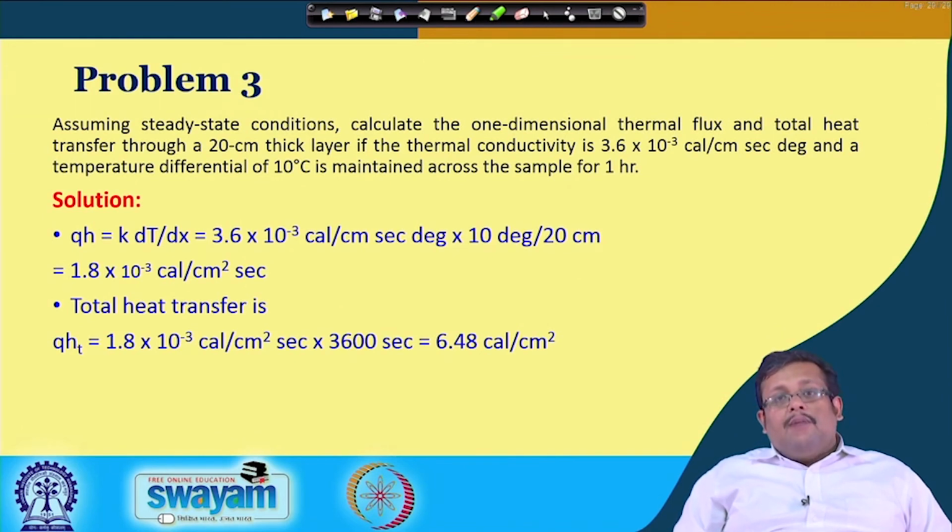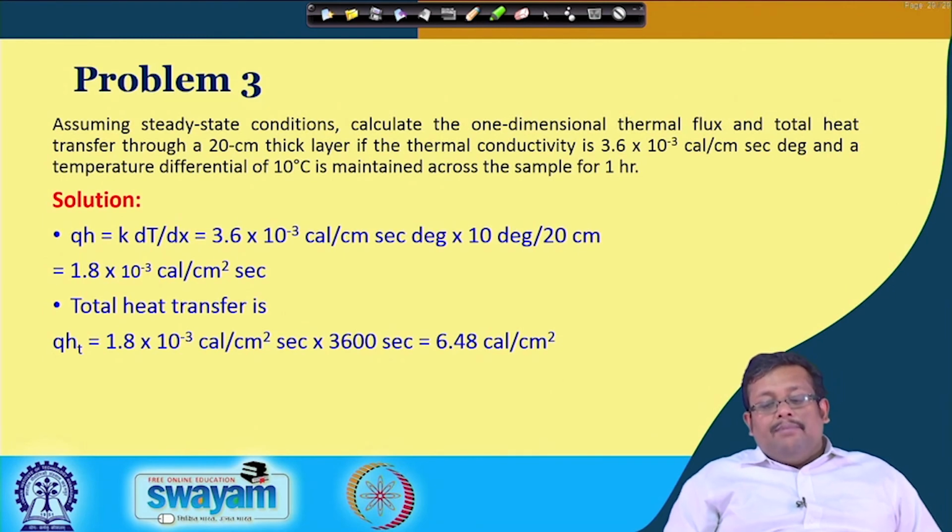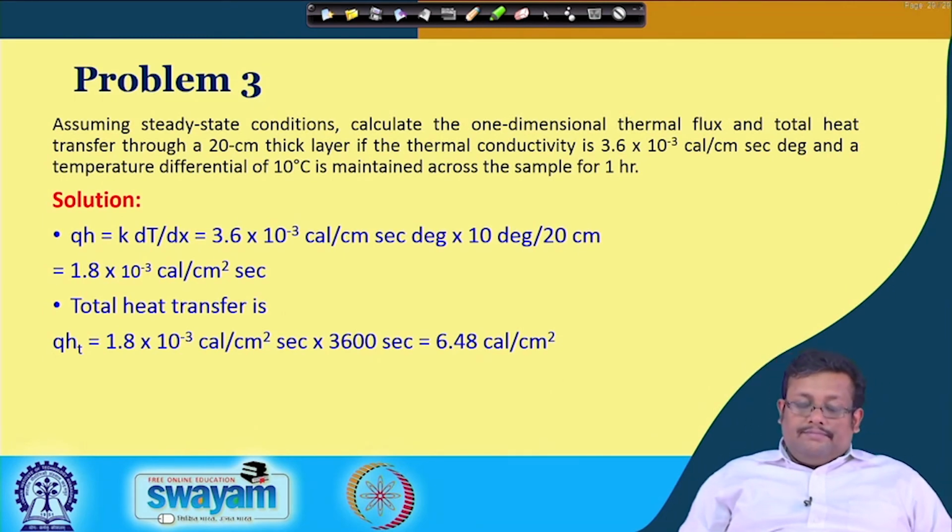In this problem it says that assuming steady state condition, calculate the one dimensional thermal flux and total heat transfer through a 20 centimeter thick layer if the thermal conductivity is 3.6 into 10 to the power minus 3 calorie per centimeter second degree and a temperature differential of 10 degree centigrade is maintained across the sample for 1 hour.